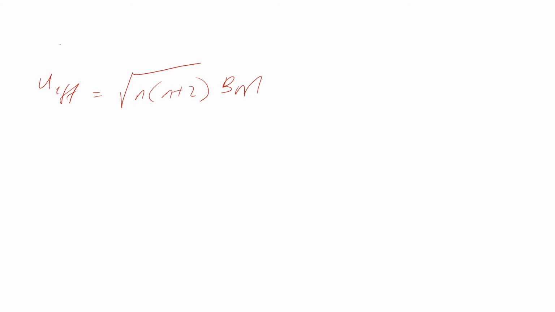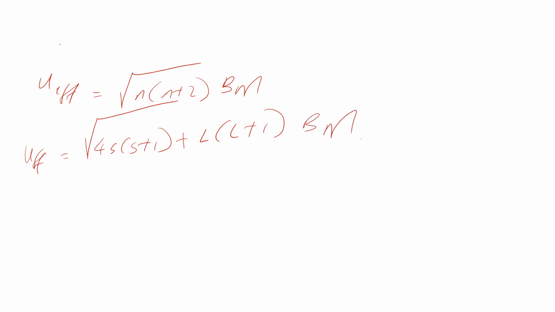So the mu effective for the lanthanide series is equal to the root of 4S into S plus 1 plus L into L plus 1, and the unit is Bohr magnetons.